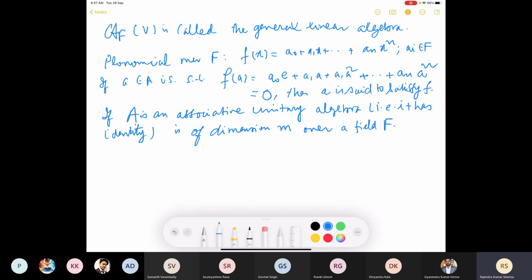All right. Then every element a in A satisfies a polynomial of degree at most m.